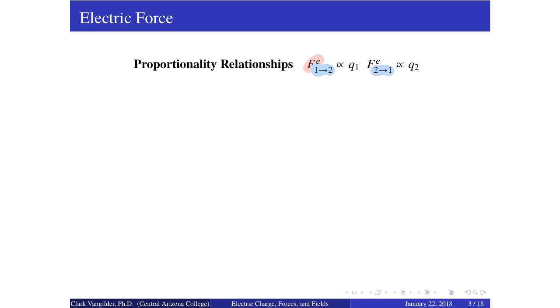And there was an opposite one, 2 on 1. Okay? But notice the proportionalities. The electric force of object 1 on object 2, I've written directly proportional to the charge on object 1 and charge 2 for the other one.